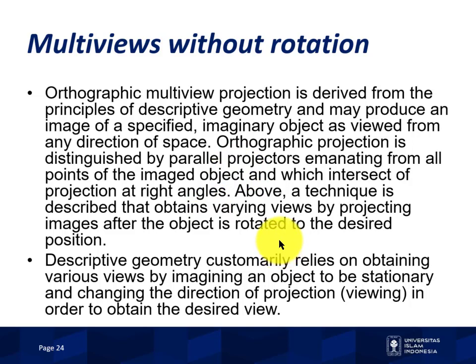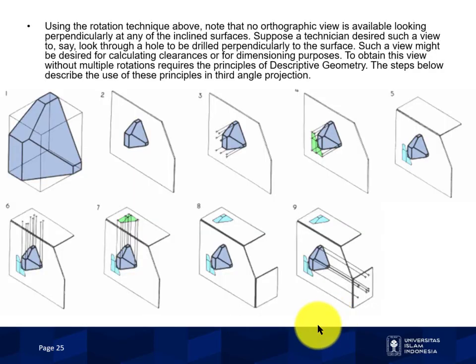Above, a technique is described that obtains varying views by projecting the image after the object is rotated to the desired position. Descriptive geometry customarily relies on obtaining various views by imagining an object to be stationary and changing the direction of projection or viewing in order to obtain the desired view.